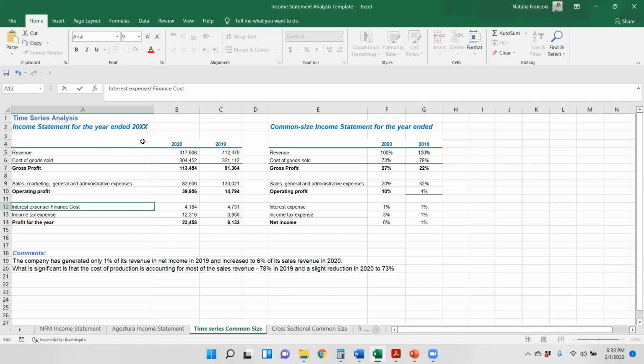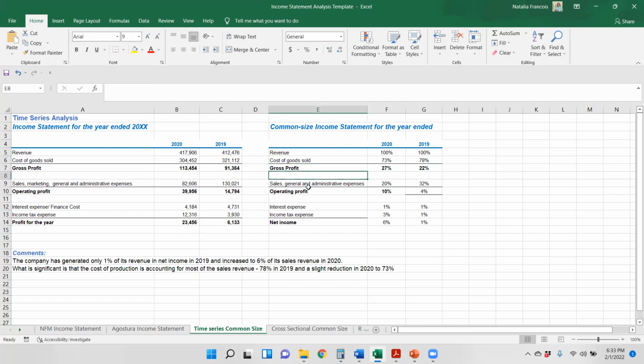So this information, I have it here. I'm conducting a common size analysis. My common size analysis revenue is 100%. What we are doing, we're comparing all the other items in the income statement to see what percentage of revenue they are. So out of the 100% revenue, how much of the revenue was used up in cost of production, cost of goods sold?